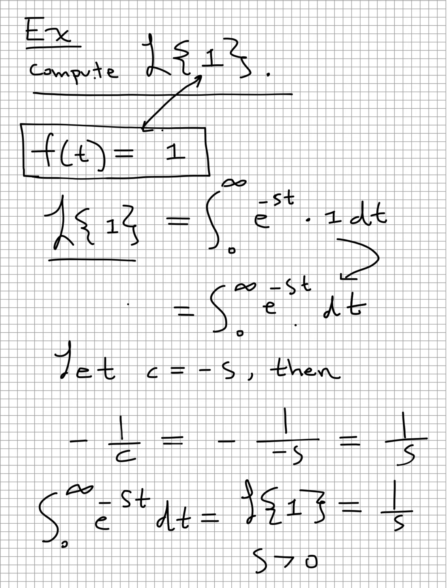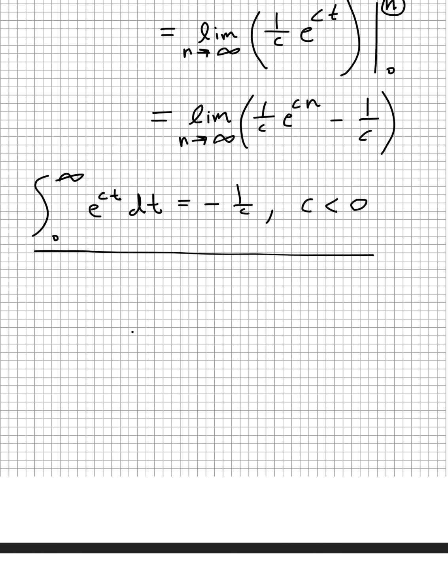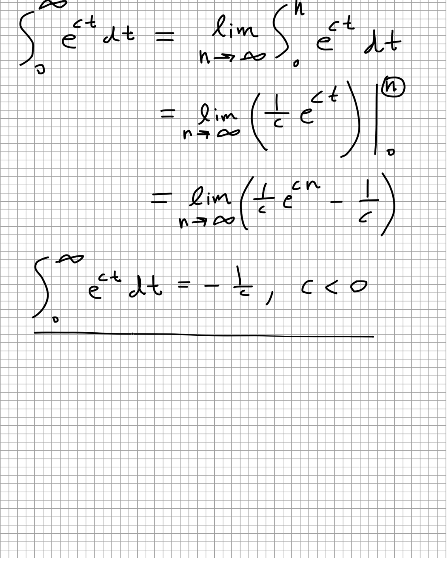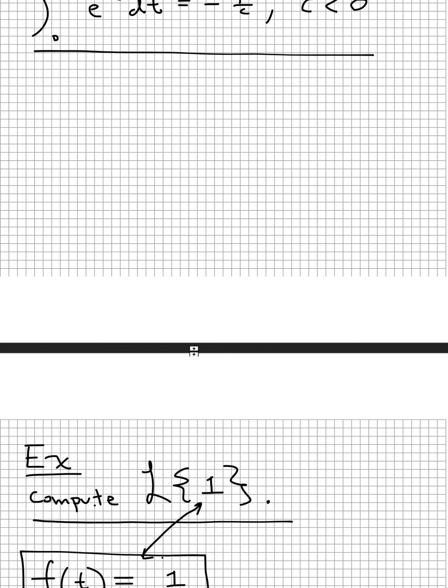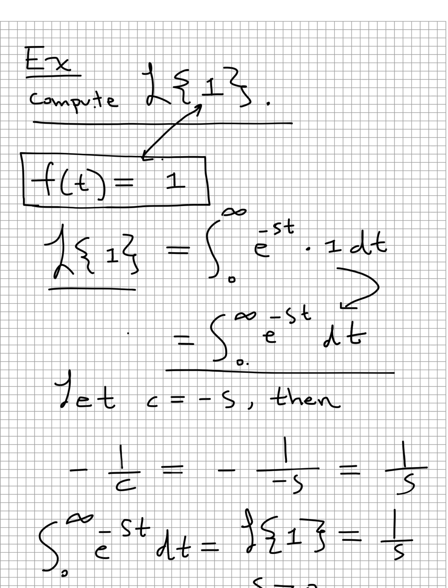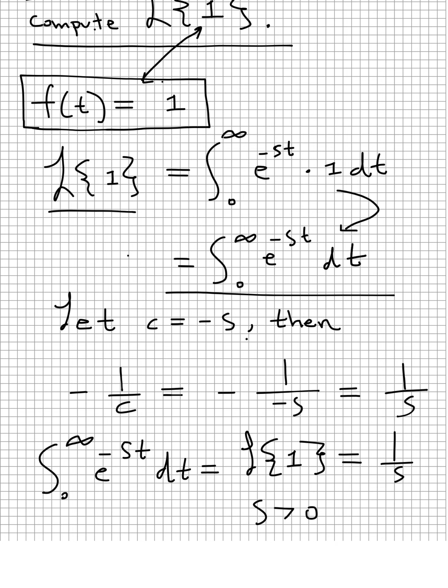Now, you may have noticed that this expression here is actually very similar to the expression that we solved previously up above. You will notice that instead of e to the ct, we have e to the minus st. So if we let c equal negative s, then from before, the solution we obtained from the last improper integral was negative 1 over c.